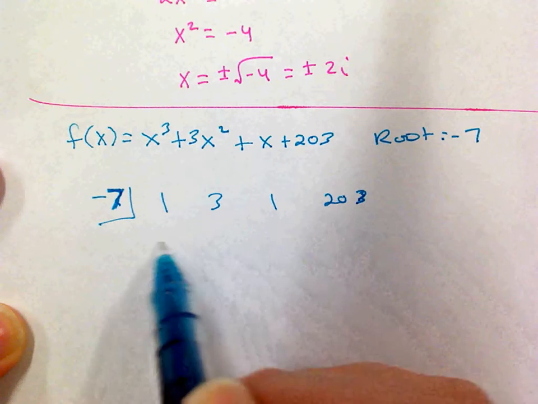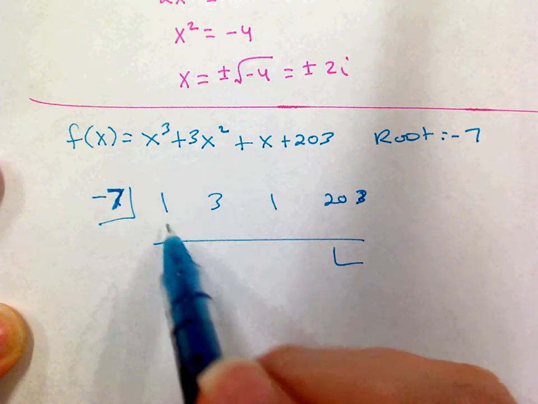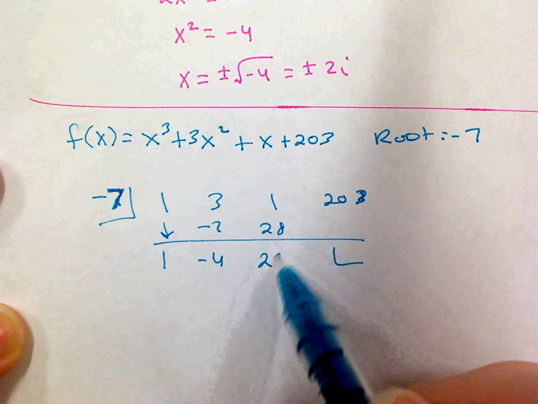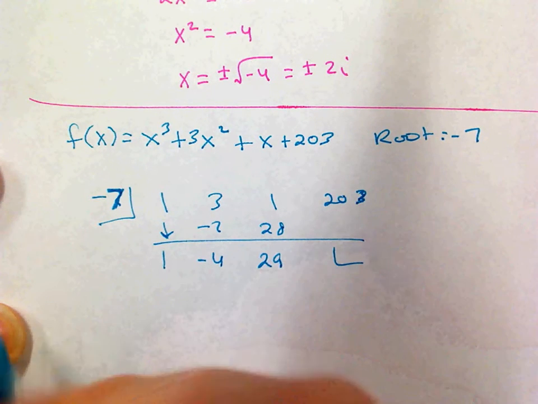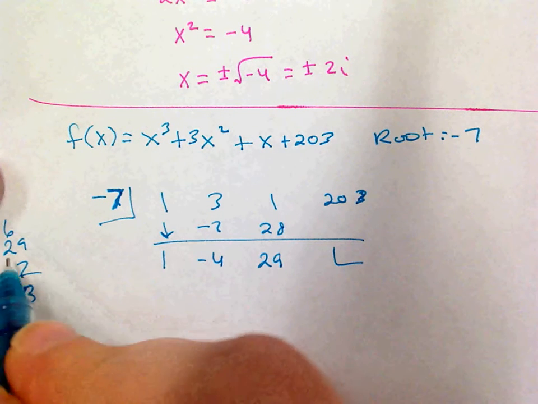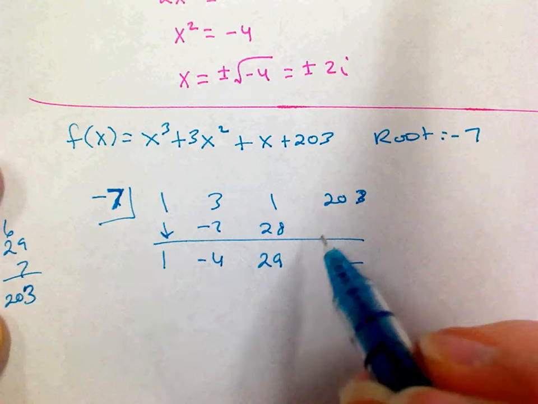Okay. Bring down the 1, multiply by negative 7, negative 4, 28, 29. 7 times 29 is 203, and it's a negative 7 to a negative 203, so 0.